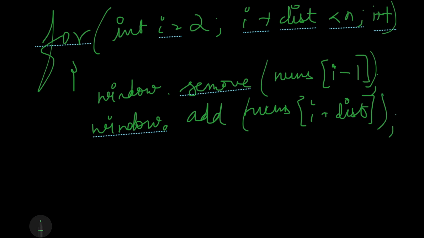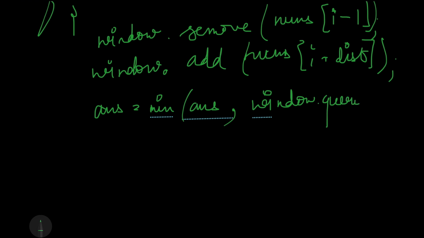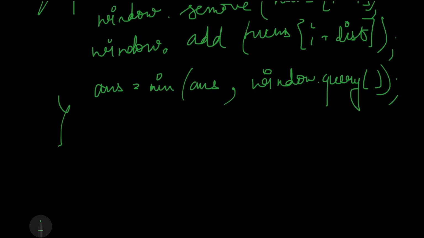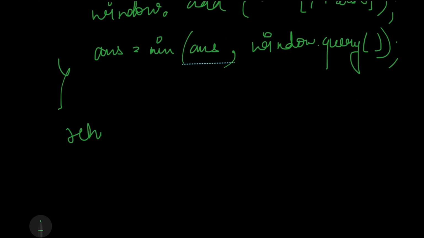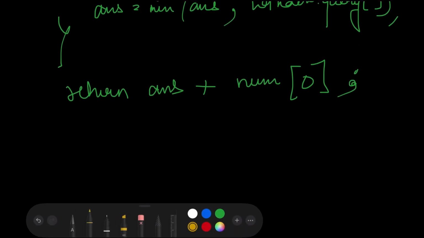We have already written the code for how we add and remove, and our answer would be the minimum of our answer, which was the first window's answer, and window.query, which gives the minimum sum of the remaining windows. After iterating through all the windows in our nums array, we'll have the minimum in answer. We'll add the first element to it, and that would be our final answer.